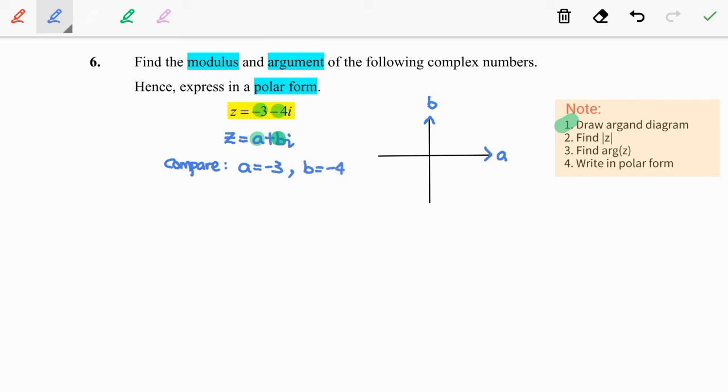So in this case, the point (-3, -4) is located in the third quadrant.